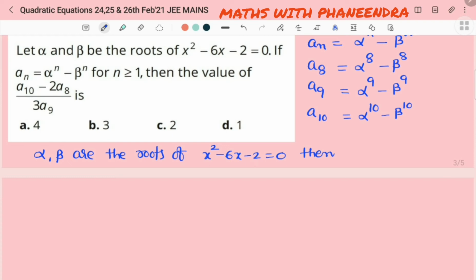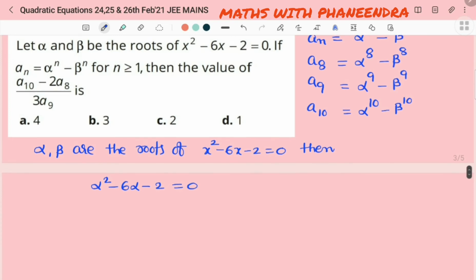So wherever x is there, replace with alpha, then alpha square minus 6 alpha minus 2 equal to 0. Similarly, beta square minus 6 beta minus 2 equal to 0.